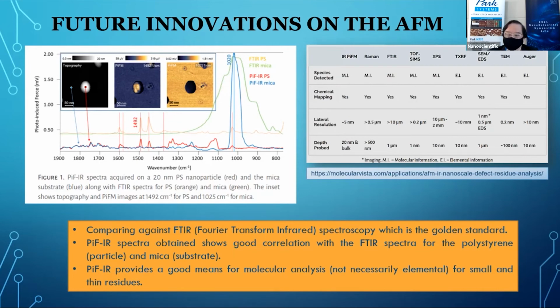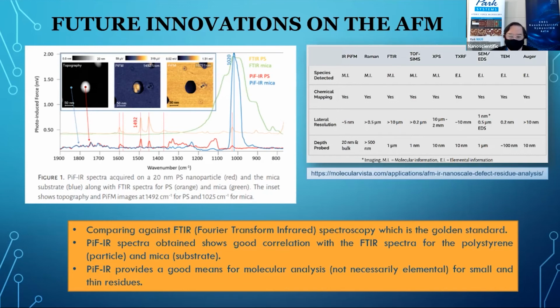This table shows the strength and the advantage of the PIFM in terms of size, because with the AFM we're talking about very small particles that we can analyze, compared to, let's say, even an EDX, where we're talking about the micron scale, as compared to, in this case, the nanometer scale, and there is that level of accuracy.